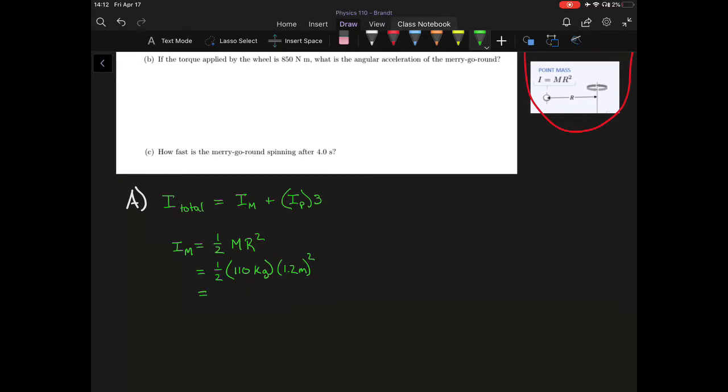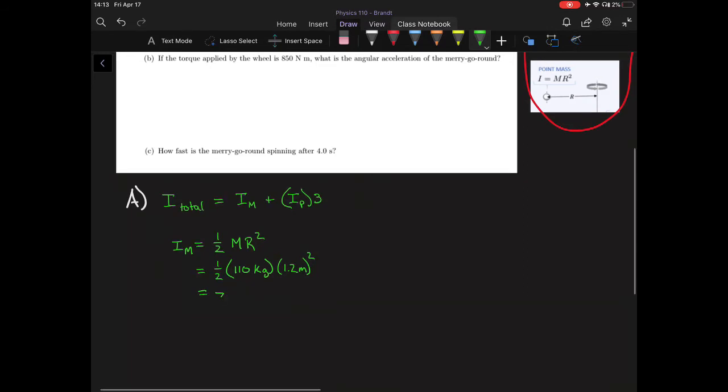So when we solve all of that out, we get 79.2 kilogram meters squared.